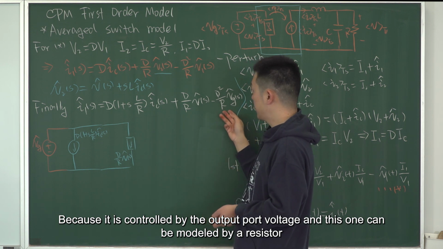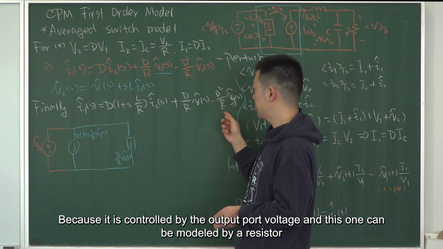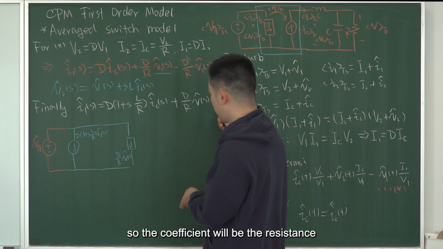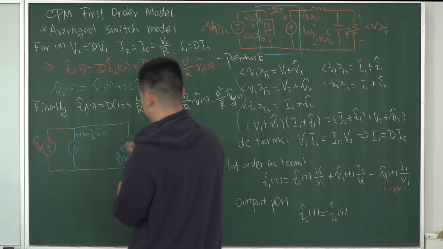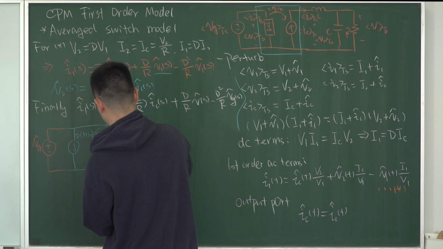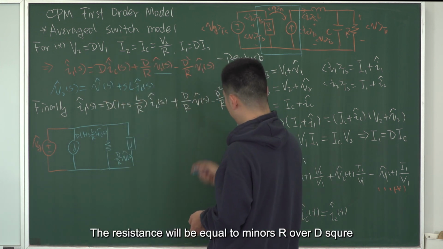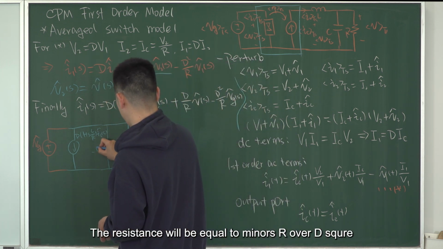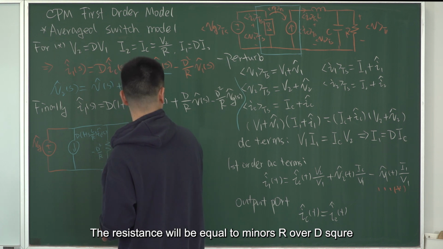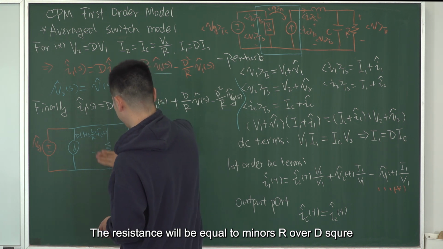And this one can be modeled by a resistor, right? So the coefficient will be the resistance. The resistance will be equal to minus D squared over R, that is, R over D squared.